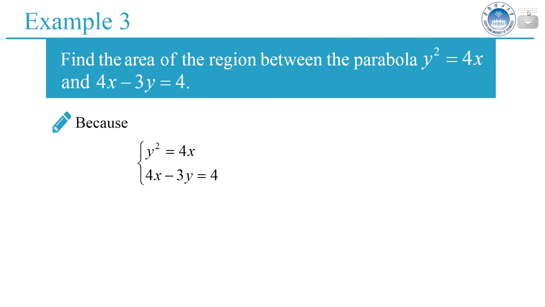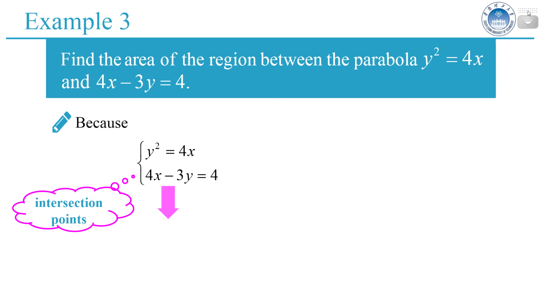The first step, you should try to find the intersection points. y squared equals 4x, and the line 4x minus 3y equals 4. We can get the corresponding intersection points. There are 2. This is one intersection point. This is another intersection point.